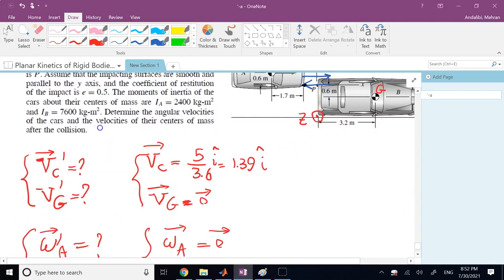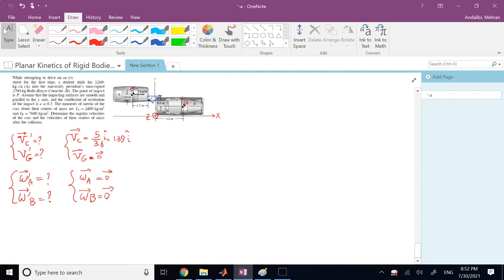So when we write our equation of conservation of momentum, we say m of object A times v of object A in the x direction, plus m B times v of B in the x direction. When we say A and B, what point on A and B? As I said, the only way you can show the total momentum of a rigid body at one point is to concentrate it at the centroid.